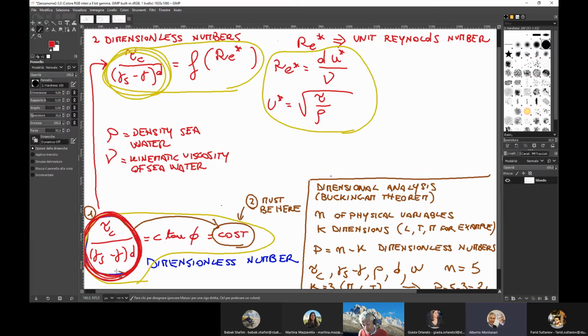Now let's come to the very technical and professional question. No matter what is the driving variable of this number, I need to estimate its value, depending on the particle Reynolds number.